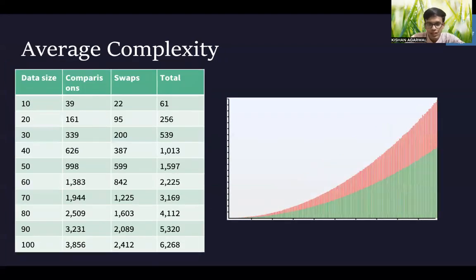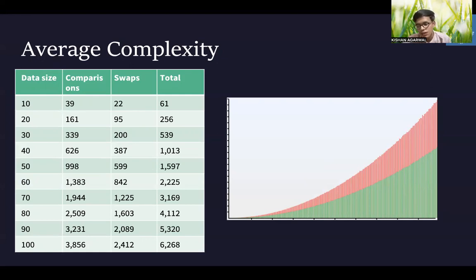Next is the average case, that is, the average complexity of the shuttle sort. Here, as the number of elements in the array increases, the comparisons increase a lot, and the swaps also increase. That's why we can see a curve in the graph. The curve is not linear, it is a quadratic curve.